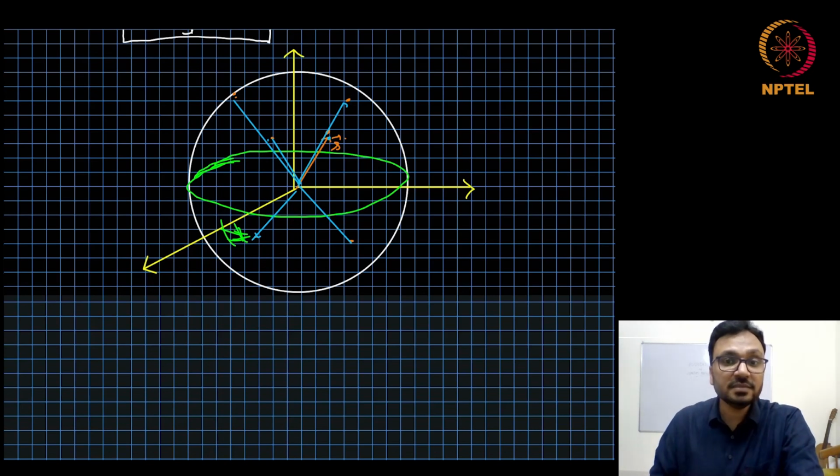Then you can write the mixed state as a mixture of all these pure states.